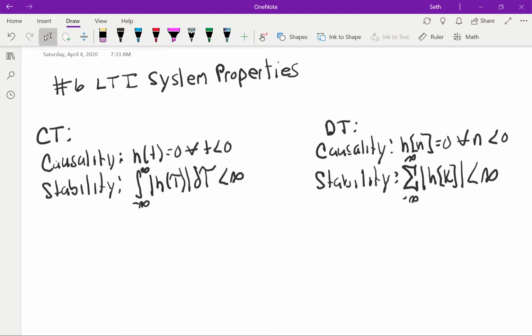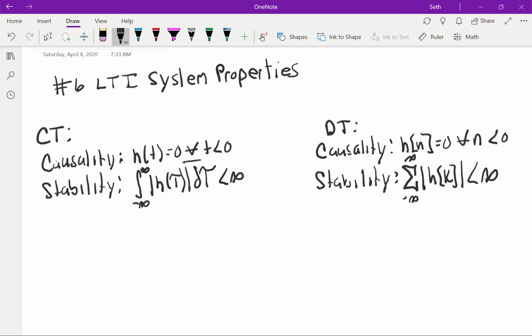For continuous time, the condition on the impulse response for causality is that h of t must equal 0 for all, that's what that little upside down A means, t less than 0.